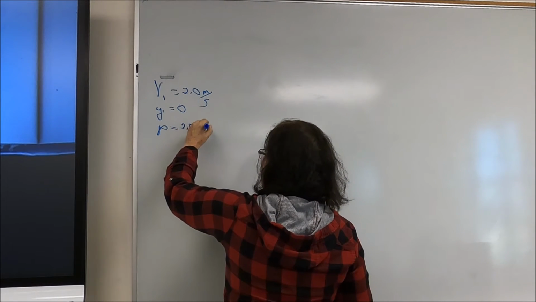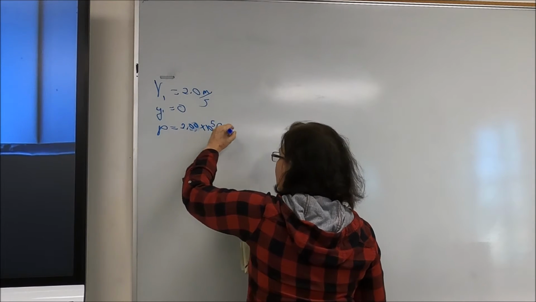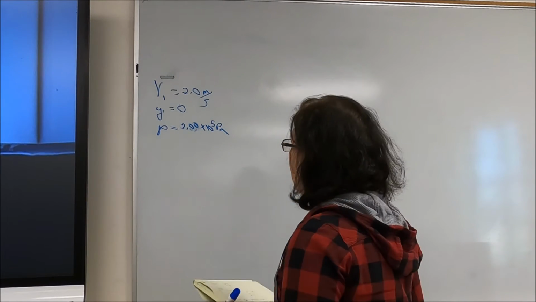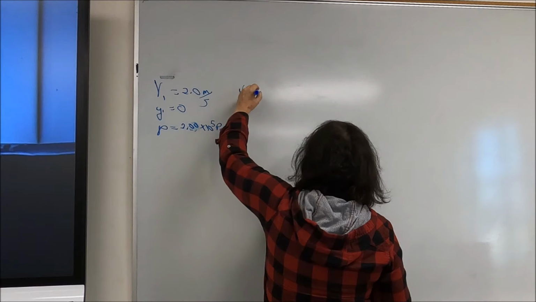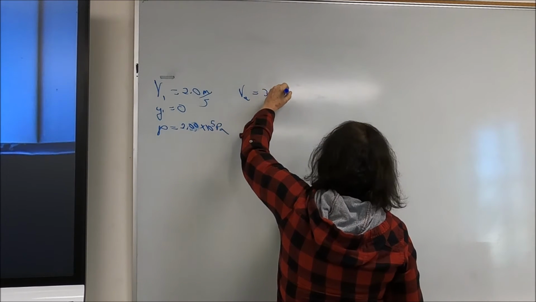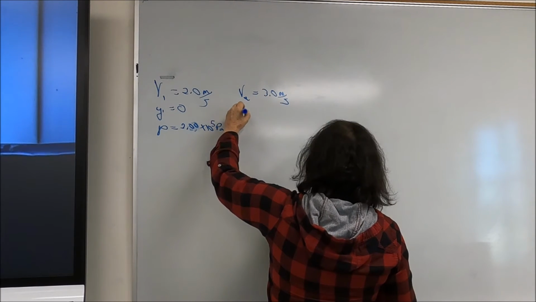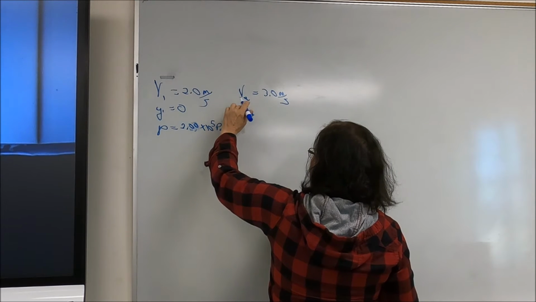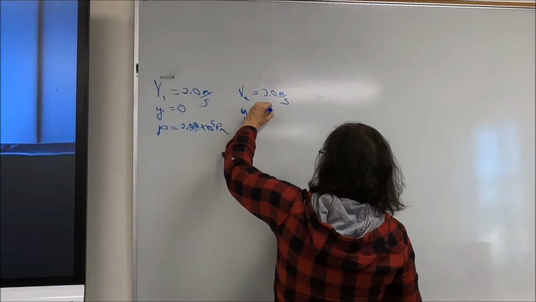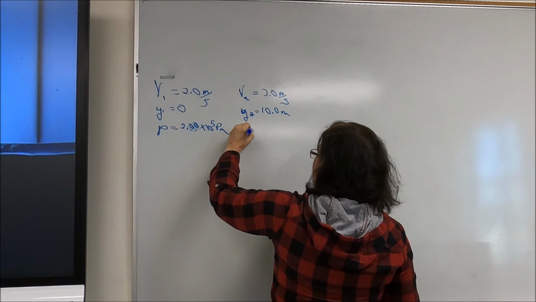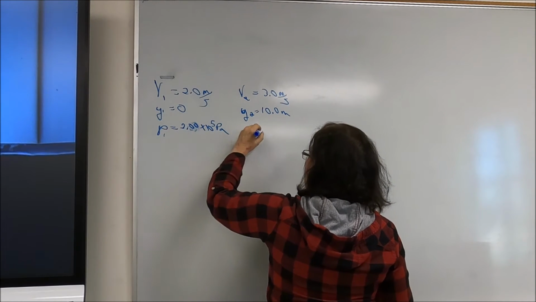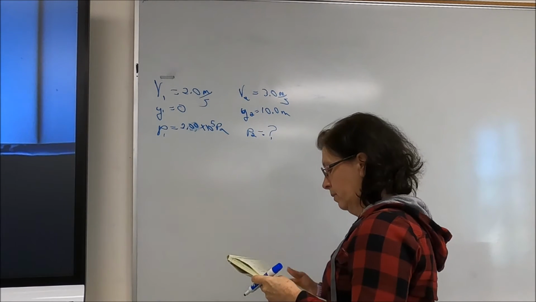That's 2.00 times 10 to the 5 pascals, because remember I need it in SI units. V2 is 3 meters per second. Y2 is 10 meters, and the pressure P2 is unknown.